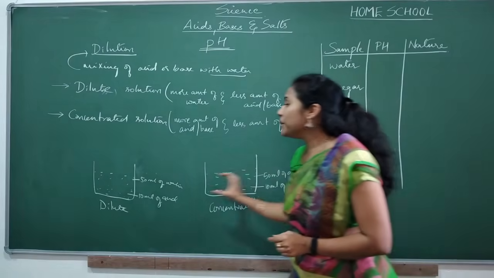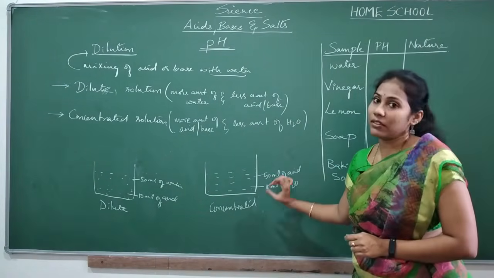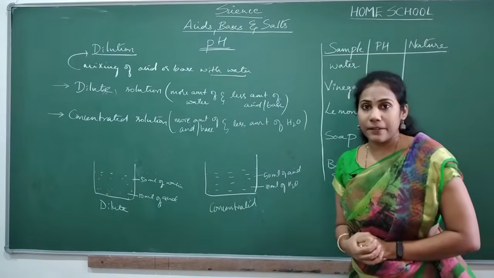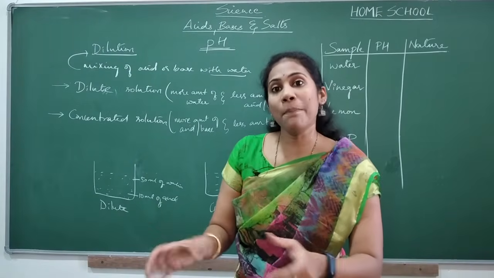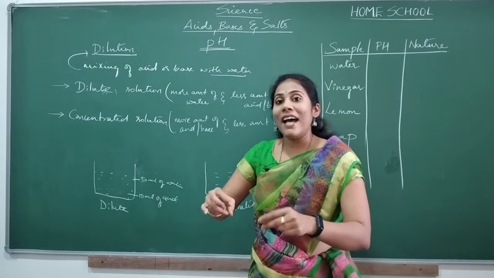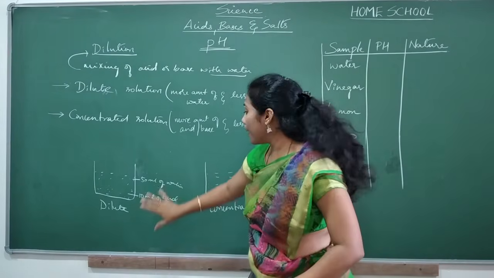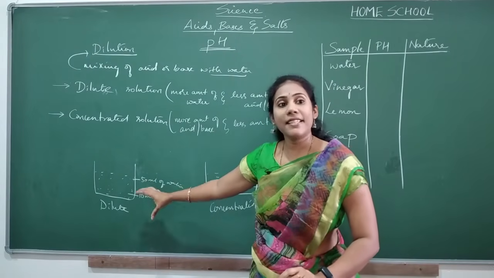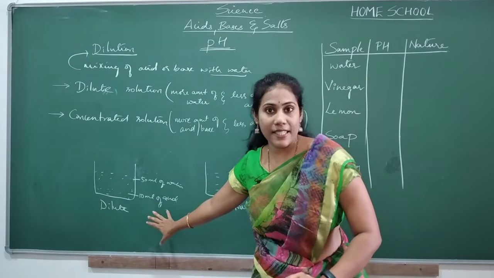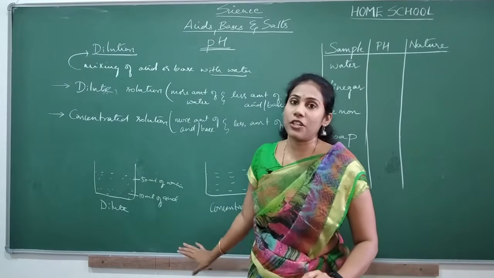So you should know the meaning of the word dilute and you should also know the meaning of the word concentrated. Dilute means what? A very, very less powerful solution. That means the acid or base that you are taking is very, very less compared to water. Water amount is high, acid or base amount is very, very less. Such a solution if you prepare, we will call it a dilute solution.